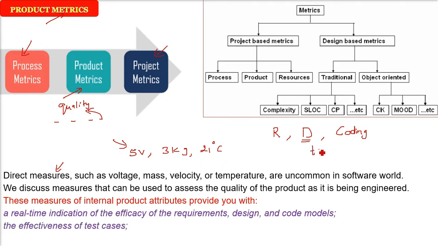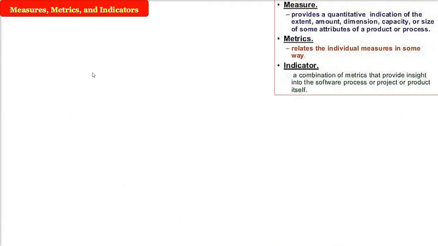When we write the test cases, measures can be employed on any work product generated during the life cycle of software. So what is the effectiveness of these test cases? We need to measure whether it is good, whether it is bad, whether we can employ it, whether these test cases are going to work, and the overall quality also.